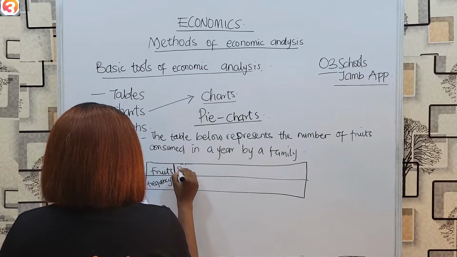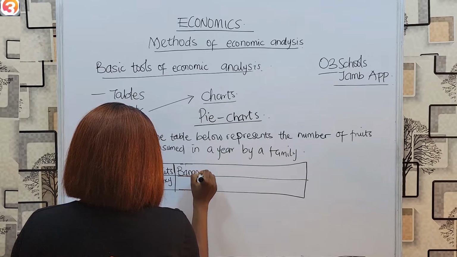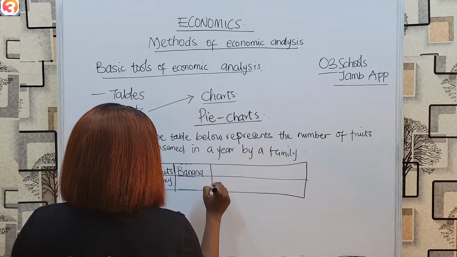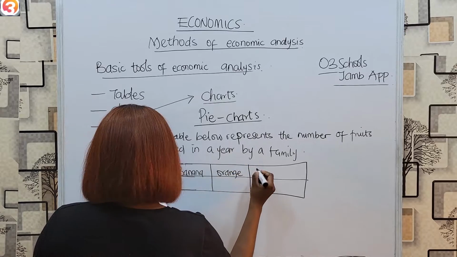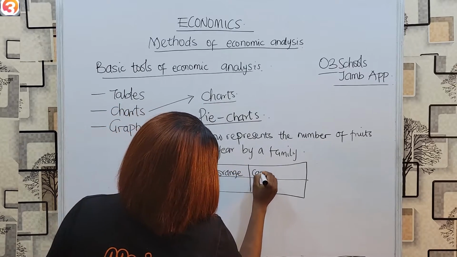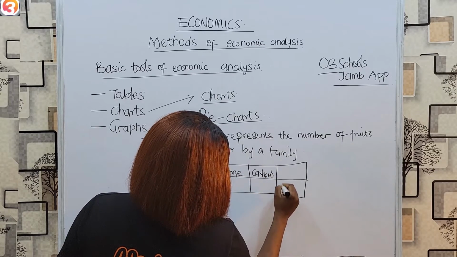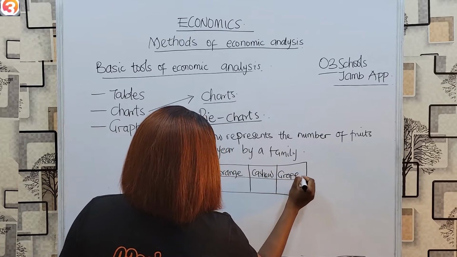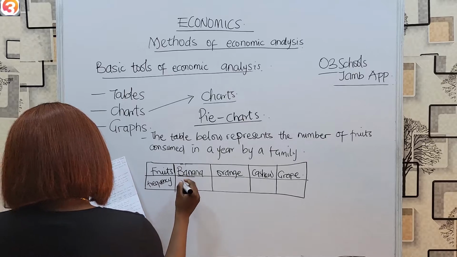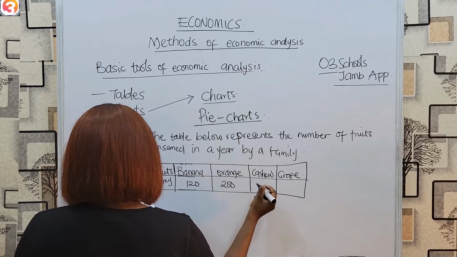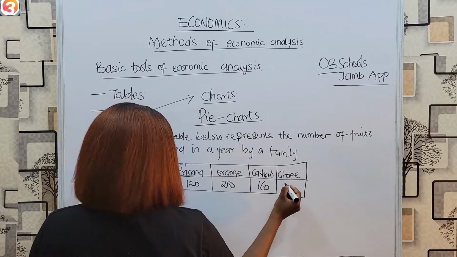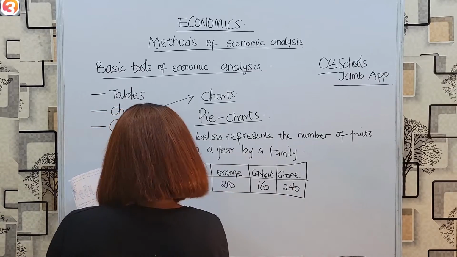We have banana, we have orange, we have cashew, and we have grape. So banana we have 120, orange we have 200, cashew we have 160, and grape we have 240.